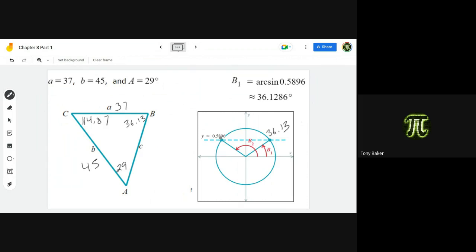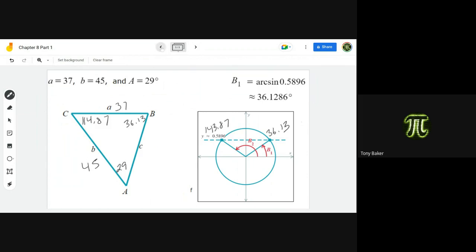So looking at our unit circle, this is 36.13, right? What's this over here then? That's also, right? So to find this one, we would do 180 minus that. So it's 180 minus 36.13, which is 143.87.